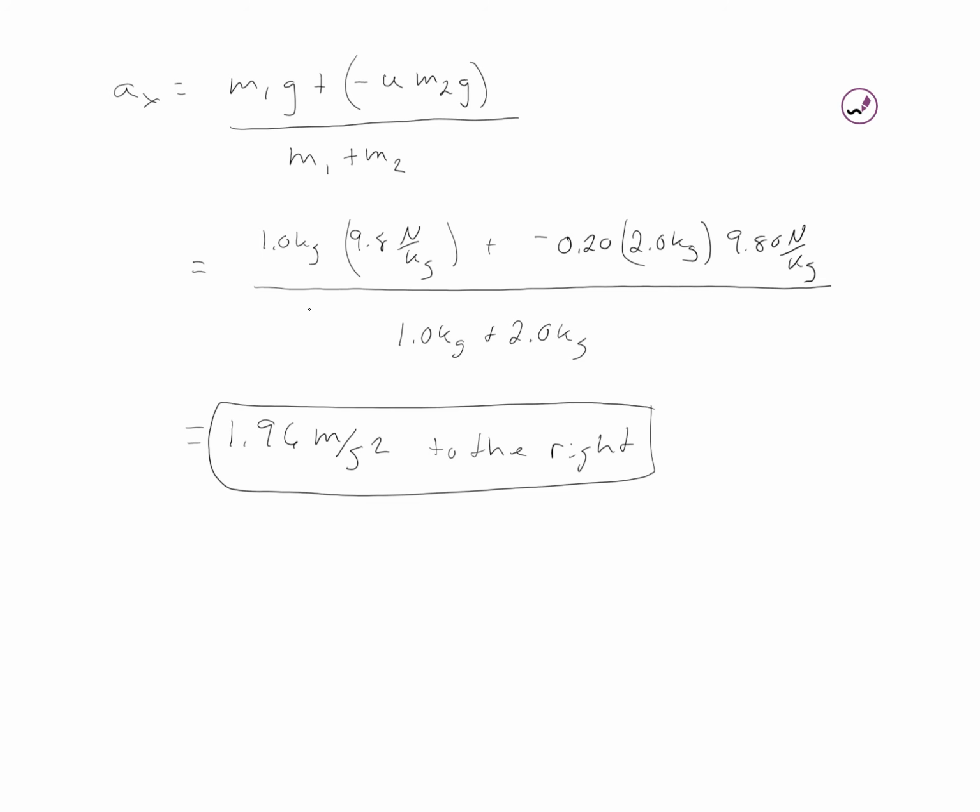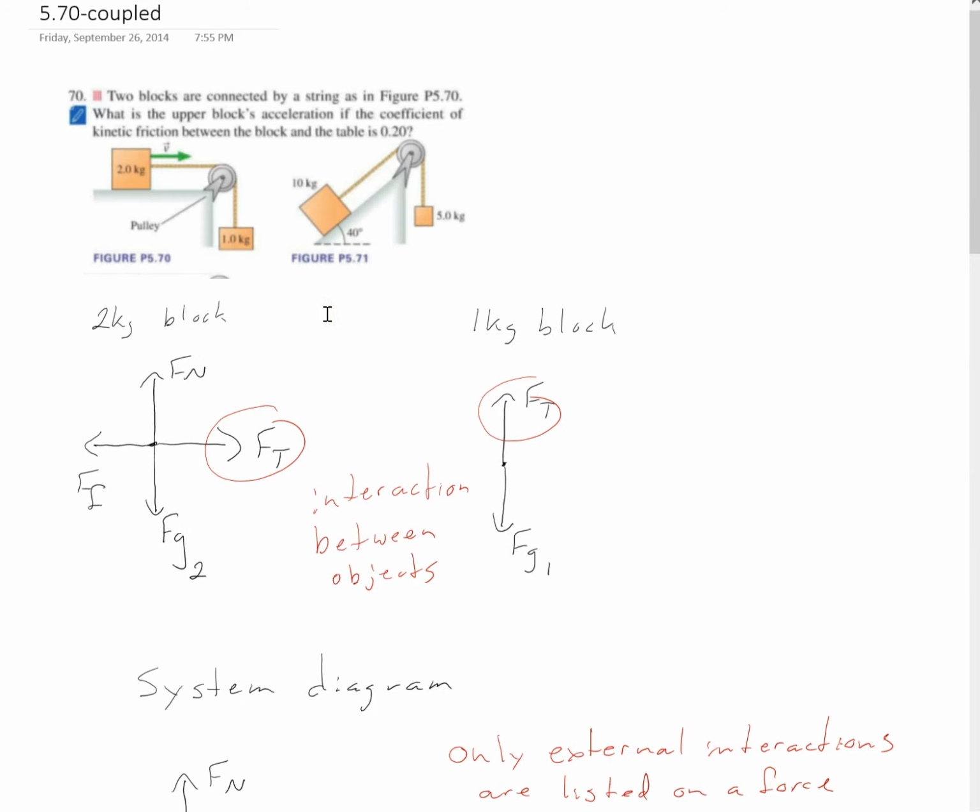That's the same acceleration that block 1 would have going down. This would be acceleration for the 2 kilogram block, and since they're coupled together, they have to have the same acceleration. So that takes care of problem number 70.